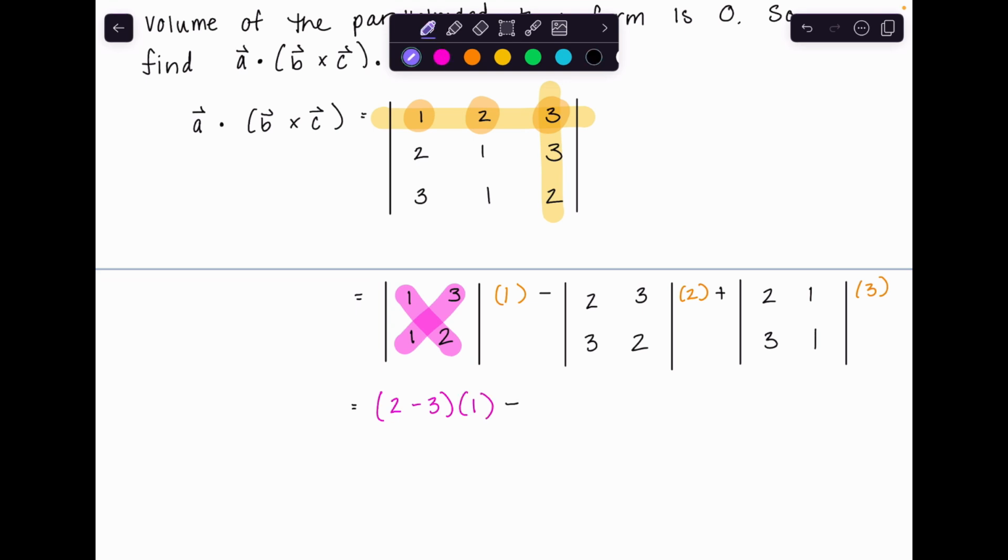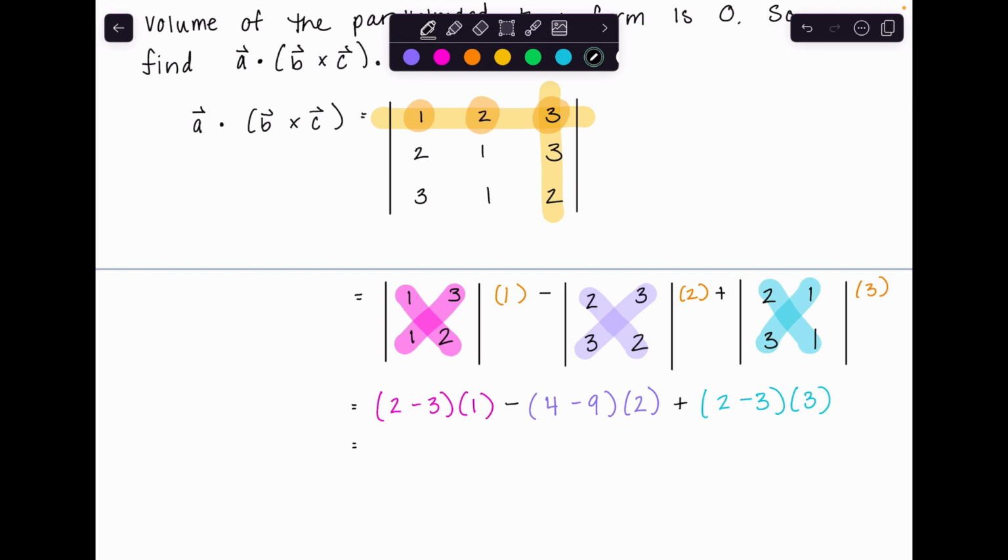Then we've got minus, we'll do the next one in purple, product minus product. So that will be 4 minus 9, and then times 2. And then the last one is plus product minus product. That will be 2 minus 3 times 3.